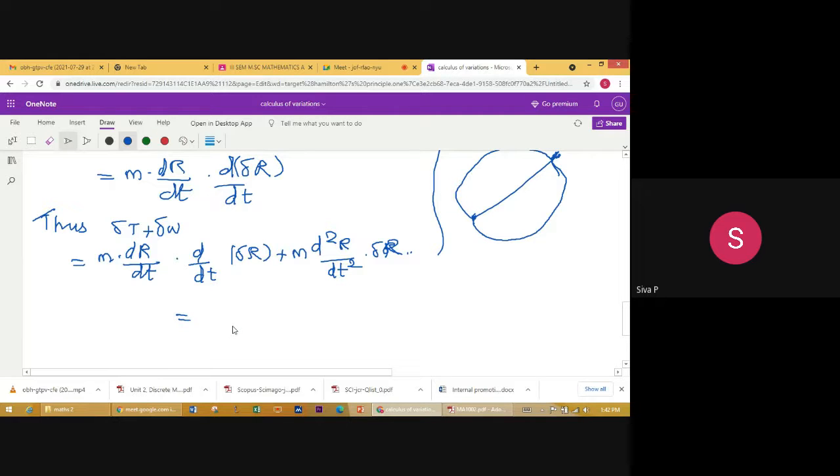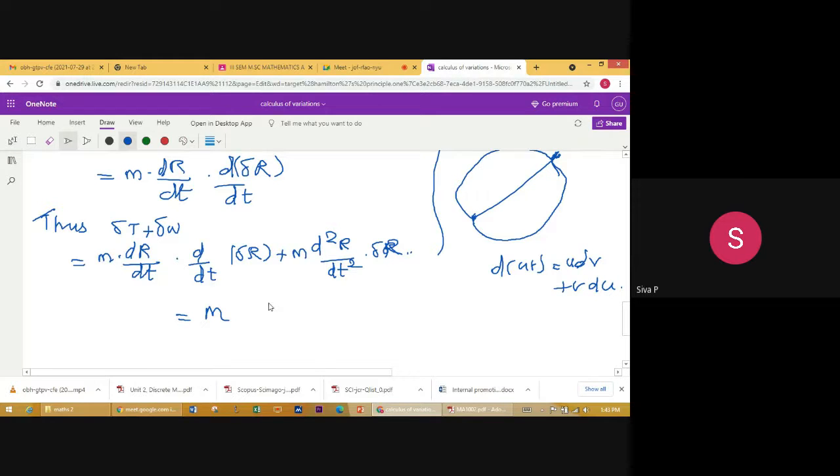So that is equal to, two things you are adding. One is delta T, one more is delta W. You are adding these two things. Taking M common, it is like the u dv plus v du method, that is d of uv equal to u dv plus v du.